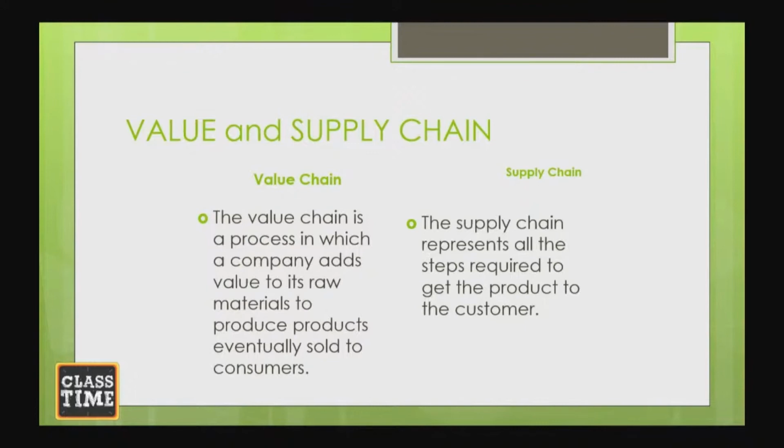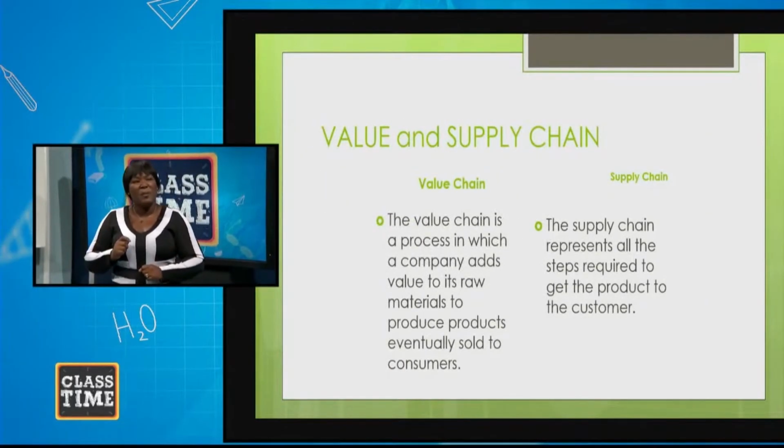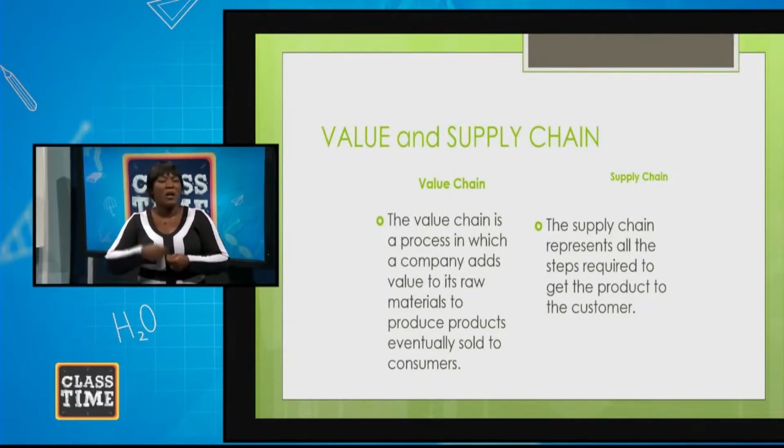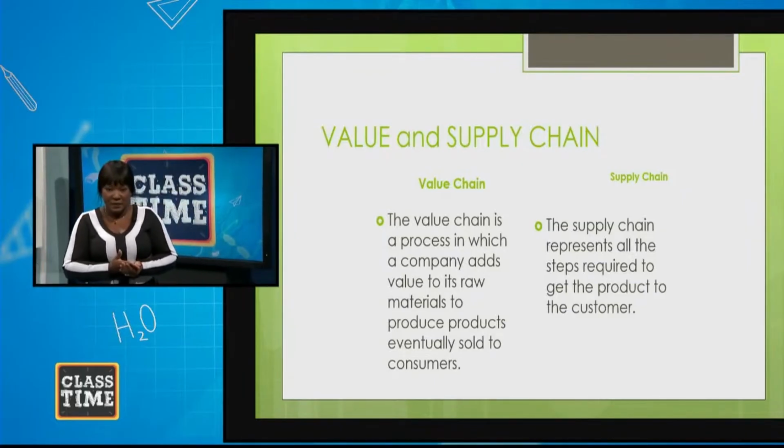So, value chain speaks on recreation of our raw material, giving it value. For example, if I have an increase in production, a high supply of tomatoes, I'm going to add value to this tomato so I can present it to my consumers. So I'm going to change my tomato to a paste, and then I'm going to start to bottle ketchup. So I'm adding value to my raw material, right?